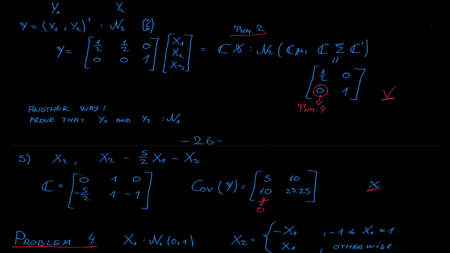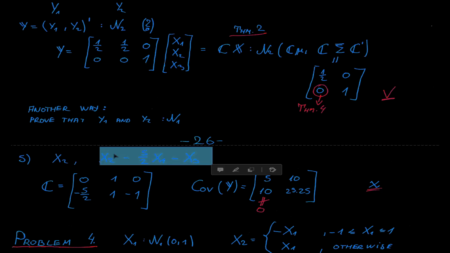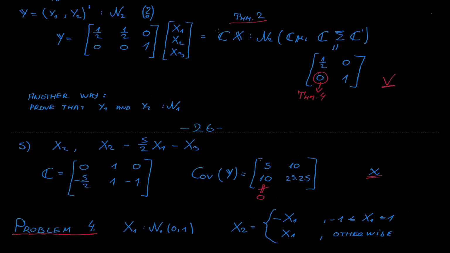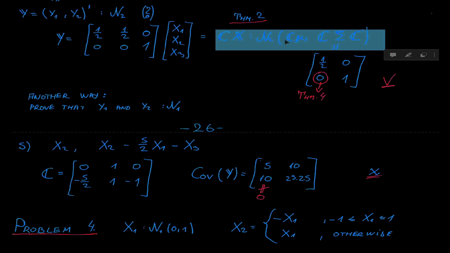So first we need to determine the matrix C. For x1 we have 0, for x2 1, and for x3 we have 0. Here for x1 we actually have minus 5/2. Then x2 is 1 and x3 is minus 1. Then by theorem number 2 we know that it has a multivariate normal distribution, in this case a bivariate normal distribution.